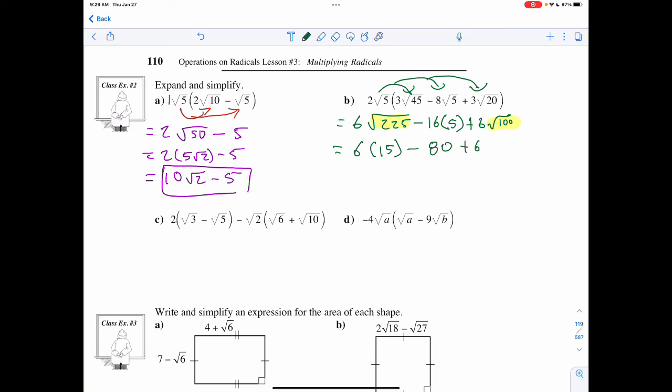And 6, and the square root of 100 is just 10. Multiply it out, and I'm going to get 6 times 15 is 90, minus 80 plus 60, or my final answer is 70. When I multiplied it out, it actually canceled out all of my radicals.